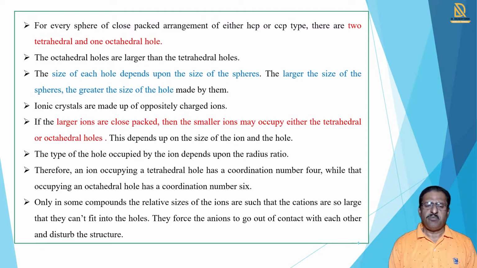Only in some compounds is the relative size of ions such that the cations are so large that they cannot fit into the holes. This forces the anions to go out of contact with each other and disturbs the structure.